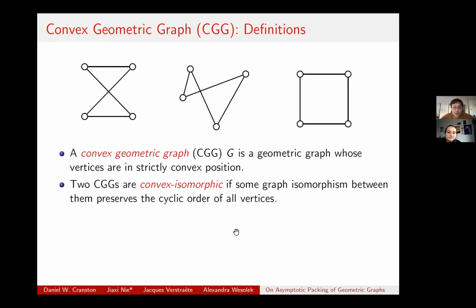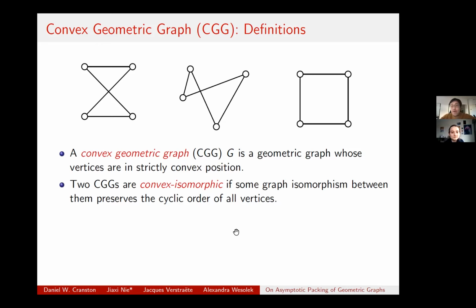And for convex geometric graphs, or CGGs for short, we have a different idea about when they are the same. Two CGGs are convex isomorphic if some graph isomorphism between them preserves the cyclic order of all vertices.